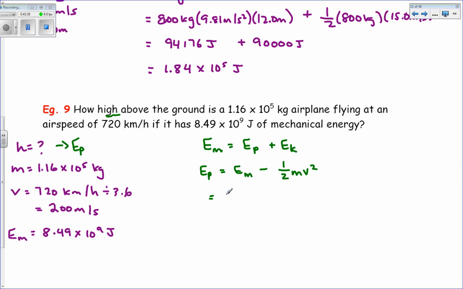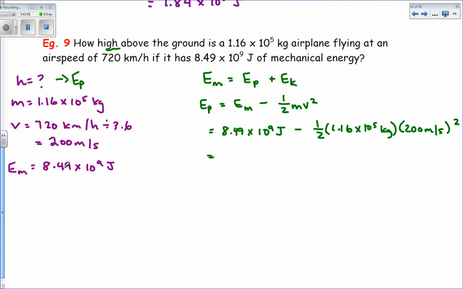So that is going to be 8.49 times 10 to the 9 joules minus 1/2 times 1.16 times 10 to the 5 kilograms times 200 meters per second, and that's squared. Okay. So that's going to give you this big number, 617, and then I believe it's 7 zeros.